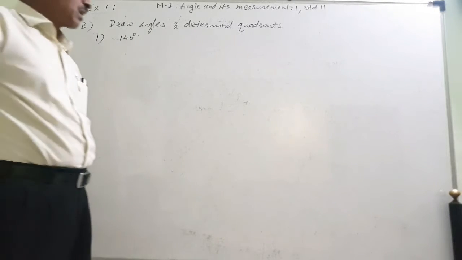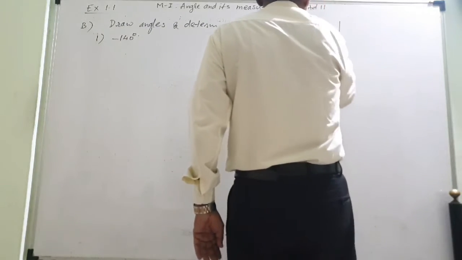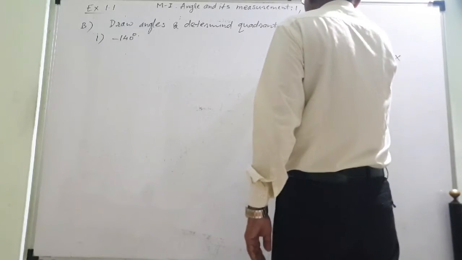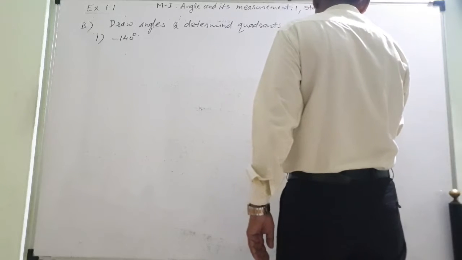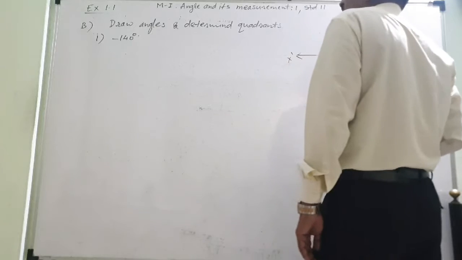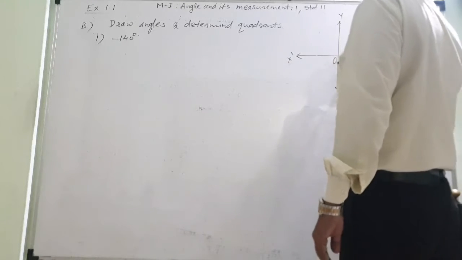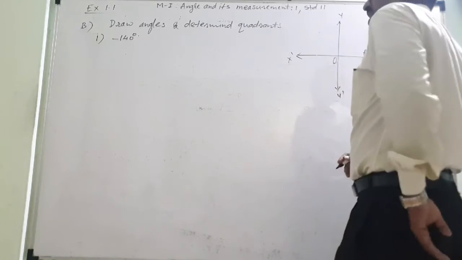By the protractor, of course, you have to draw. This is the x-axis, this is x dash, this is y, and this is y dash, and this is O. This is your initial arm. I will give the name OA. OA is the initial arm.